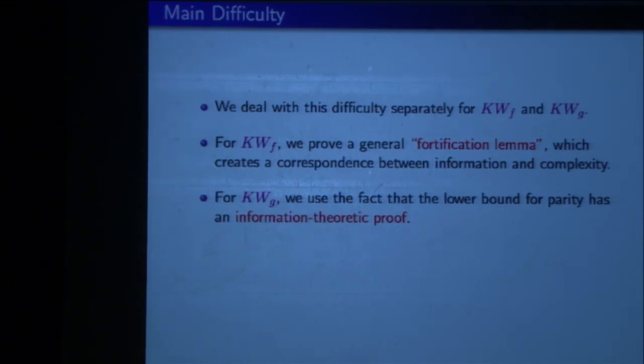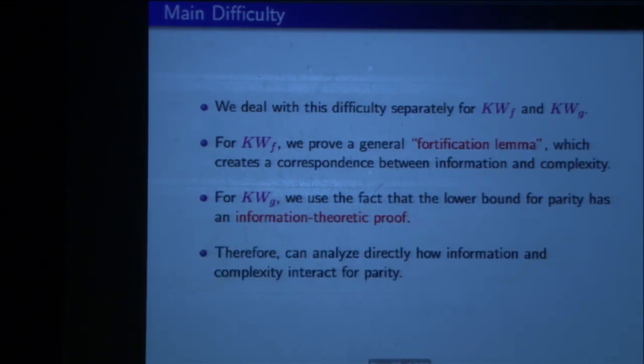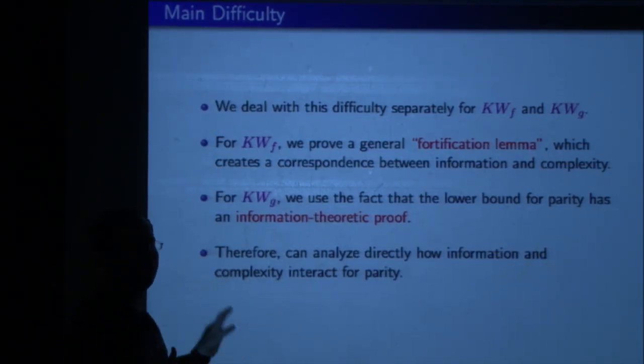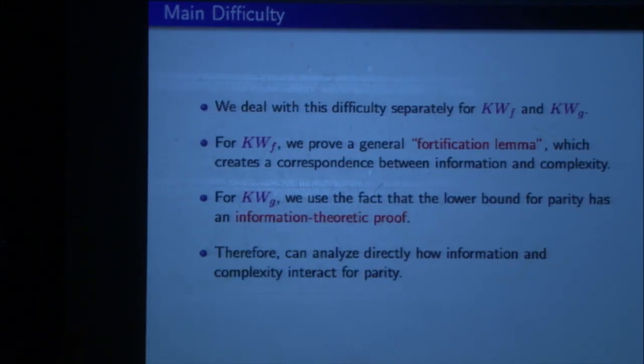So this means that if we just delve into this argument and expand it in our proof, we can analyze directly how information and communication complexity interact throughout the protocol for composition. It means that you can prove a similar result for any g with an information theoretical lower bound.